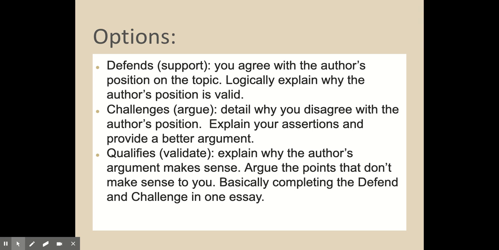So if you decide you're going to defend what is being said, then you are going to support the person's position on the topic. If you are challenging, then that means that you're going to argue against what the position is. And if you are qualifying, you're basically saying that sometimes this is right and sometimes this position is not right.